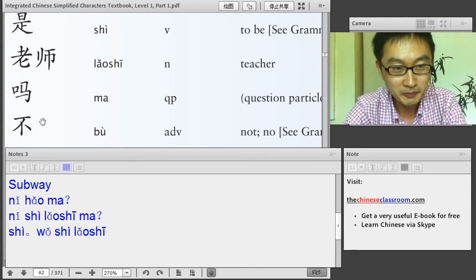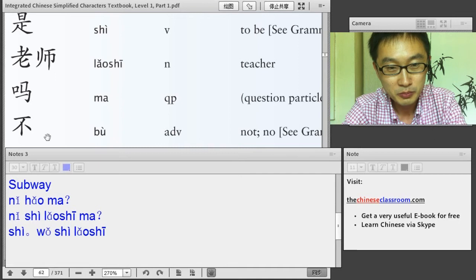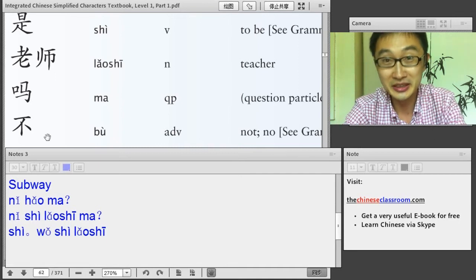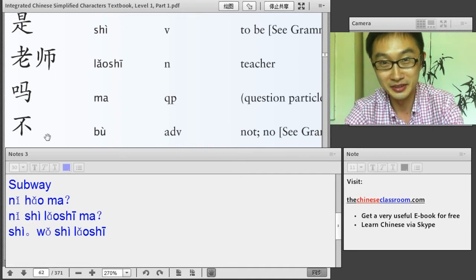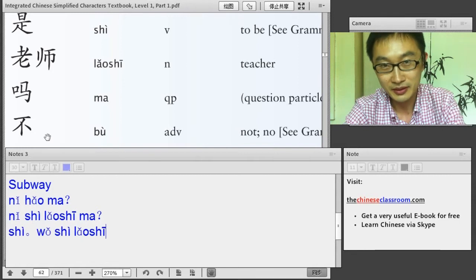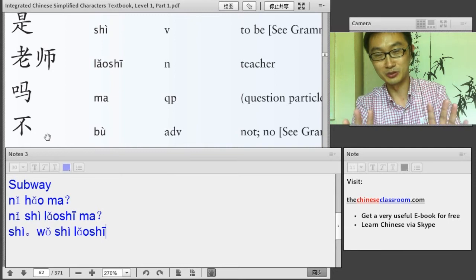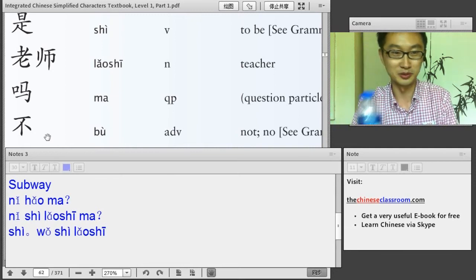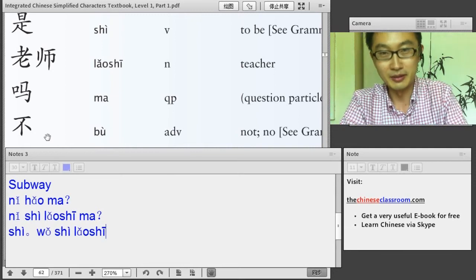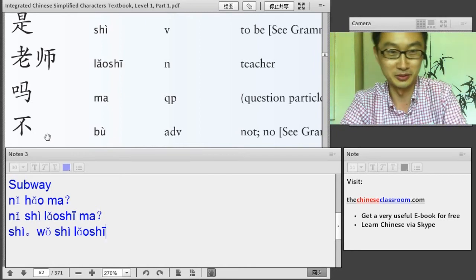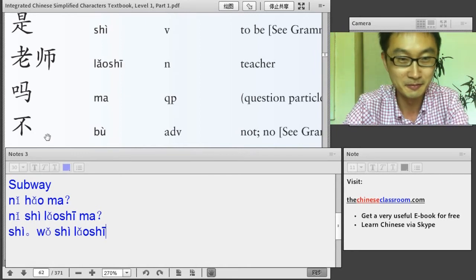Okay. How about no, you're not teacher? The next one here. 不. 不 is kind of you deny something. It's like in English, no. For example, on the street, somebody want to push you to buy something. This one, good. Buy this, good. Then you say, 不, no, 不, I'm not going to buy.